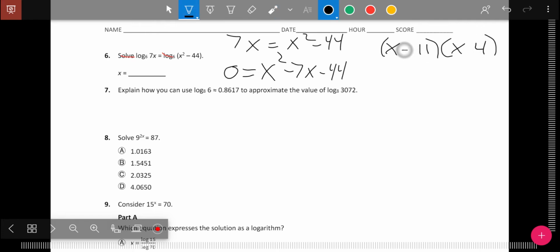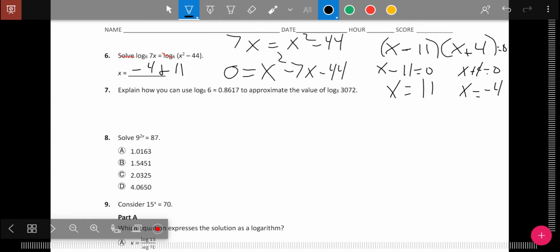Now it's negative 7, so the bigger one's negative. And it still equals 0. Right? So now I set them individually equal to 0. I add 11 to both sides. I subtract 4 from both sides, and so my answers are -4 and 11.